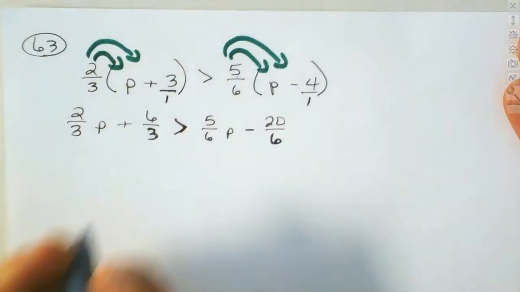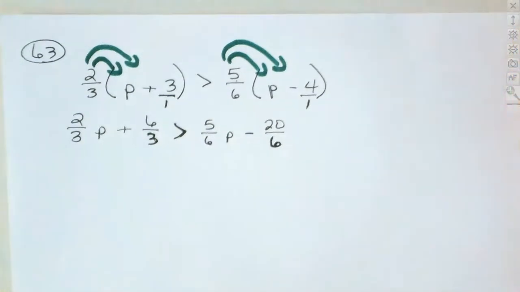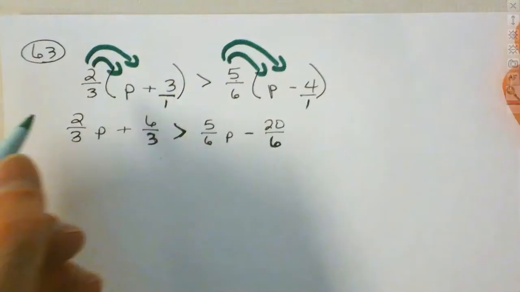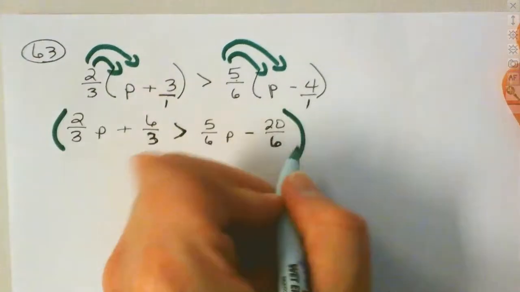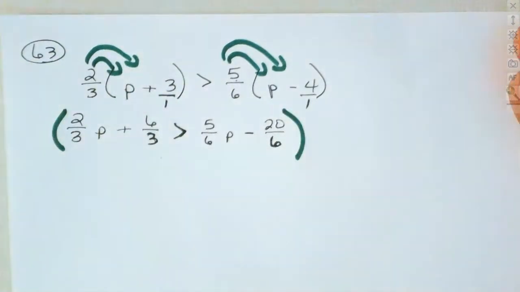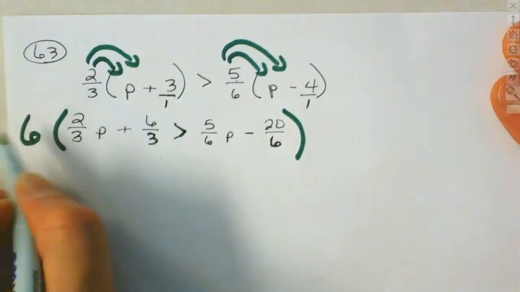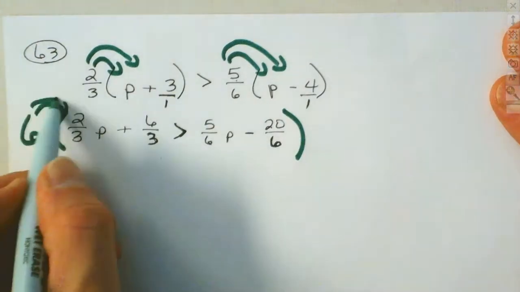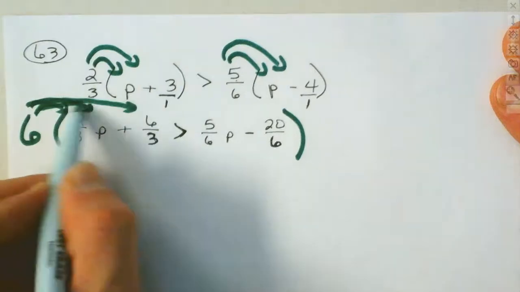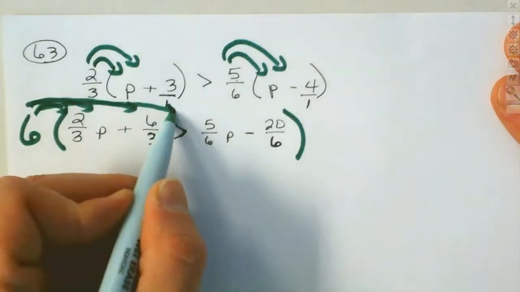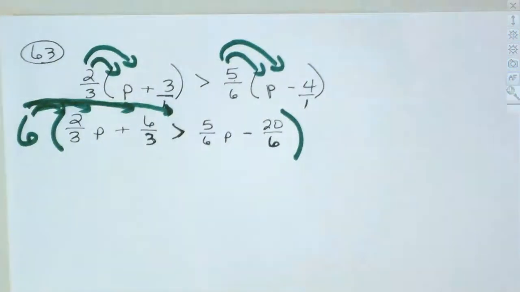Now, how do we clear the fractions? We have a 3 and we have a 6. So what do I need to multiply everything by to clear out these fractions? 6. And let's remember how this works. Divide by the number down below, multiply by the number on the top.